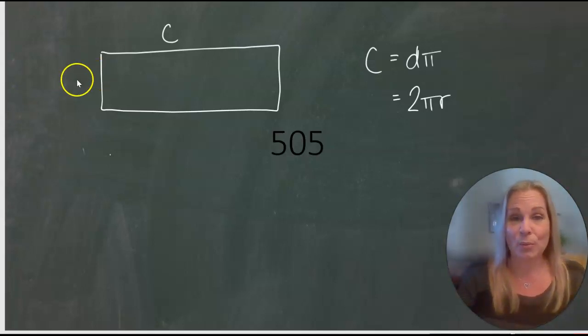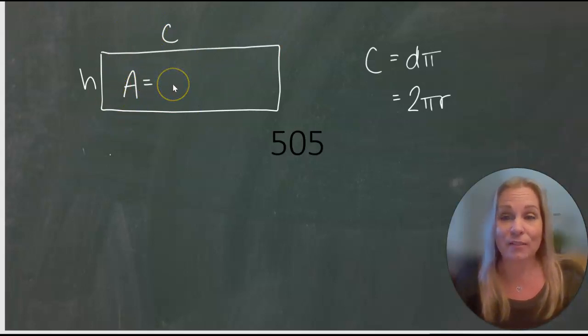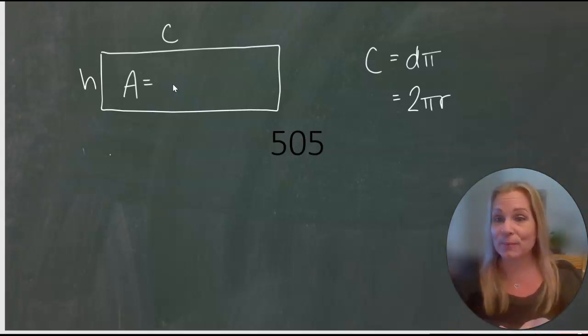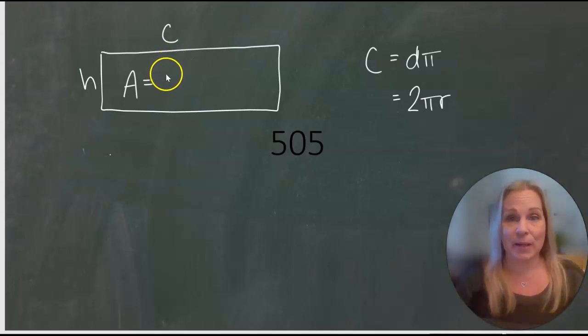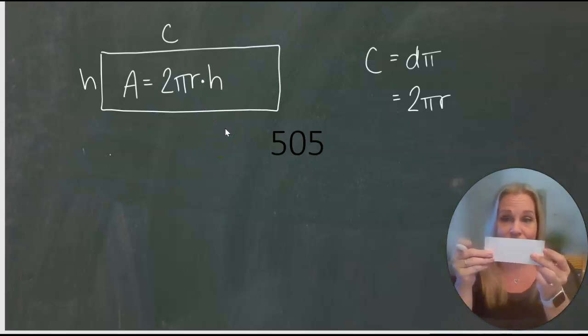Okay, so we're going to call that H. So I want to find the area of this. So the area of this rectangle, which forms the curved surface of my cylinder, is the base times the height. All right, then that's the curved part, right?